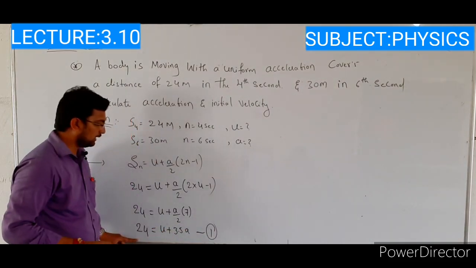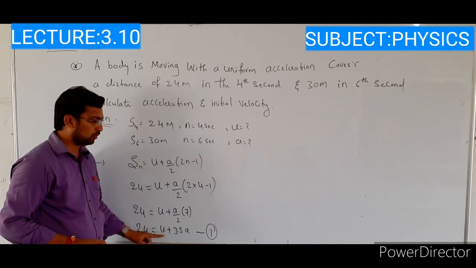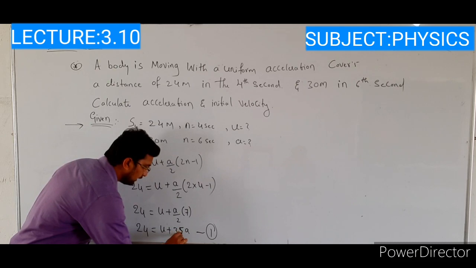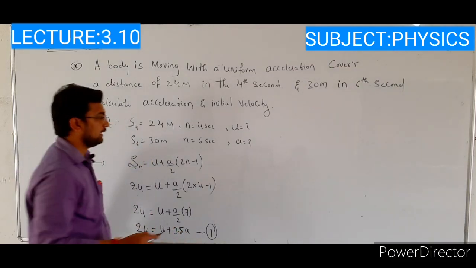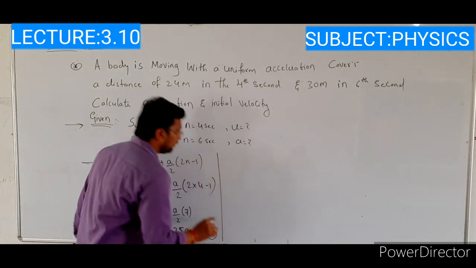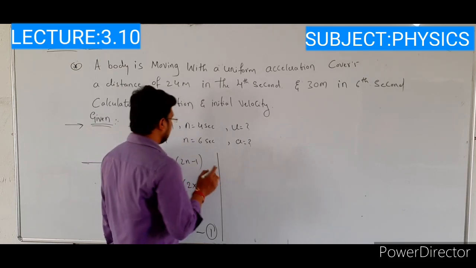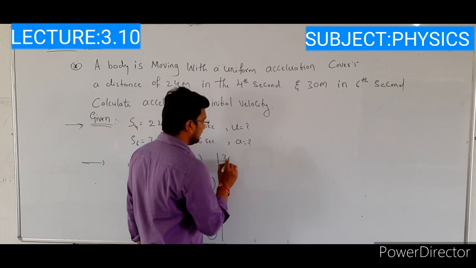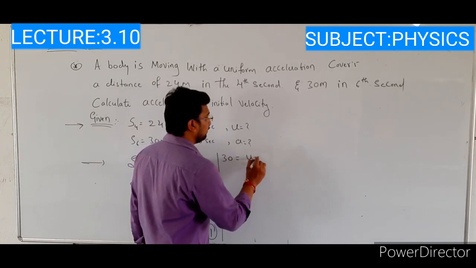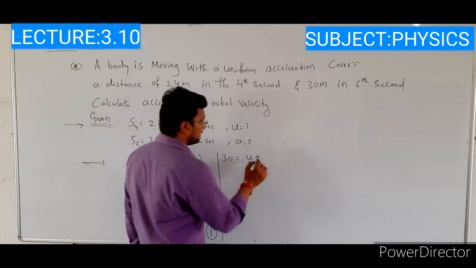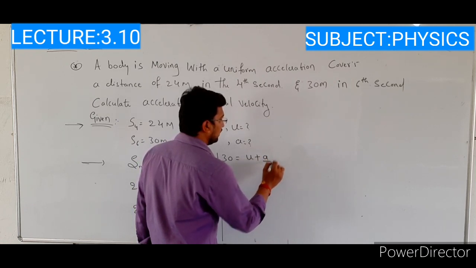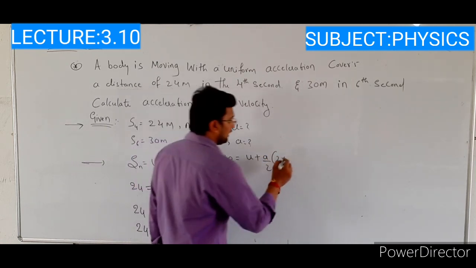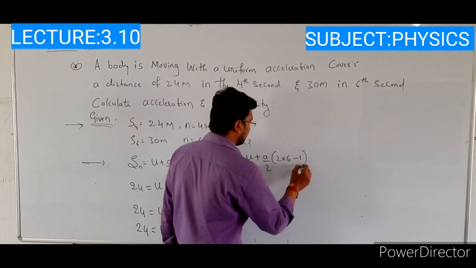So what is the expression number 1 here? 24 is equal to u plus 3.5 into acceleration. So in the second equation, that is the displacement of the particle in the 6th second, that is 30 meter given, that is equal to, keep u as it is, a by 2. In this case n value is 6, substitute here, minus 1.